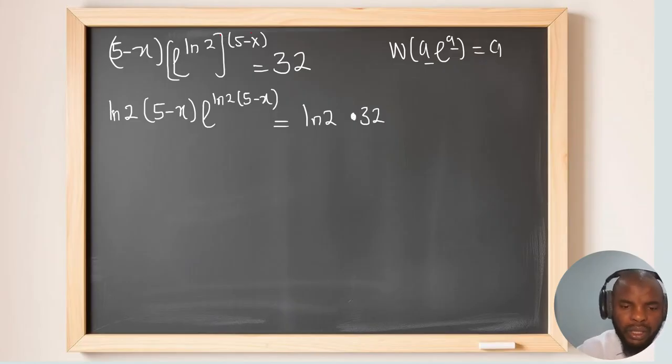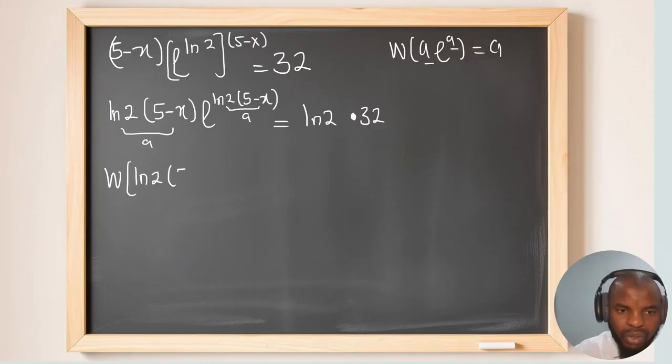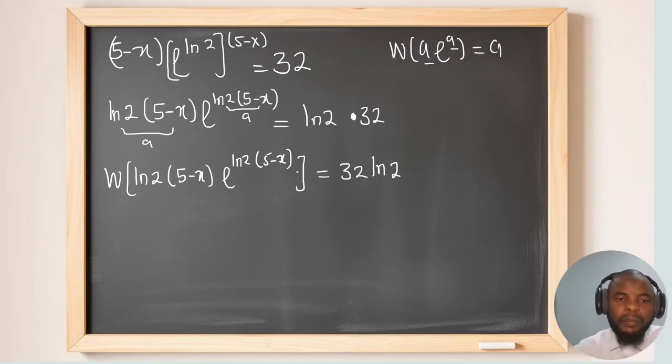Now this is done. Let's have a very good look at this. Natural log of 2 times 5 minus x, natural log of 2 times 5 minus x, they are the same. So let's call this a, let's call this a. So this is in the form of the Lambert function. Now here we can apply the Lambert function. Here you have natural log of 2 times 5 minus x, exponent natural log of 2 times 5 minus x, equals 32 natural log of 2.